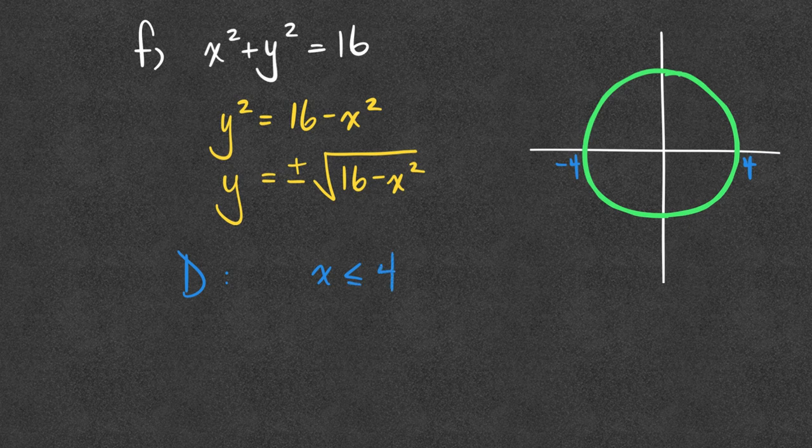Okay, well, what about a minimum value? You'll notice x could be 0, 16 minus 0 squared, that's 16. That's nice and easy to calculate. Right now, my blue statement says that as long as x is less than 4, we have no problem. So like 3, 2, 1, 0, -1, -2, -3, and maybe you can see where we're going.